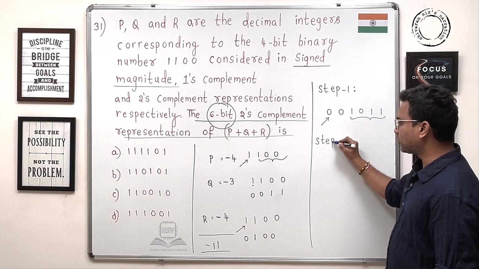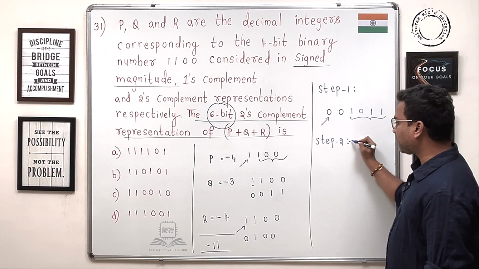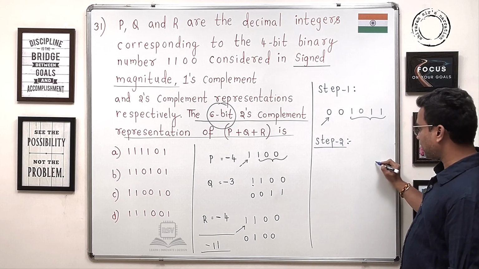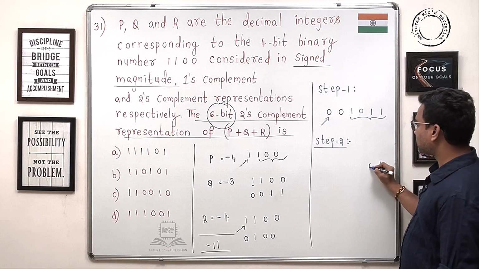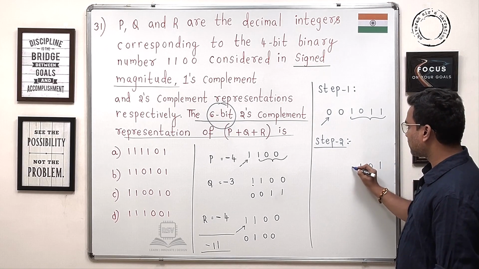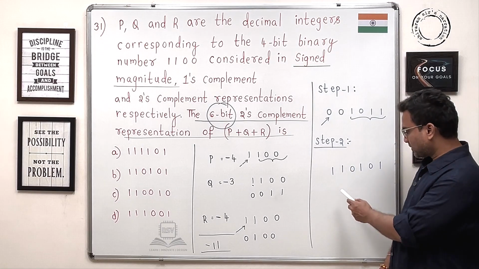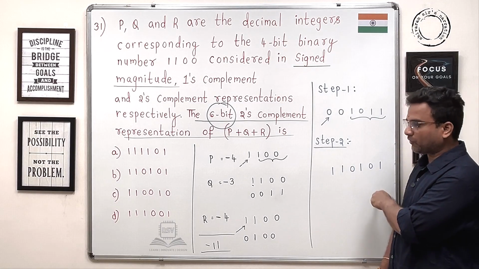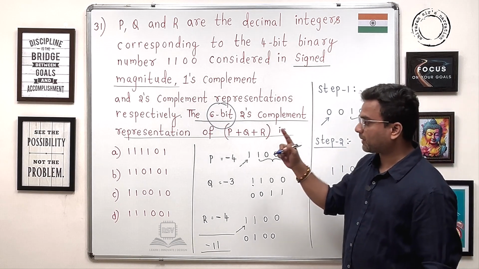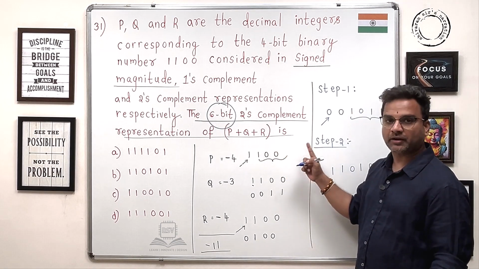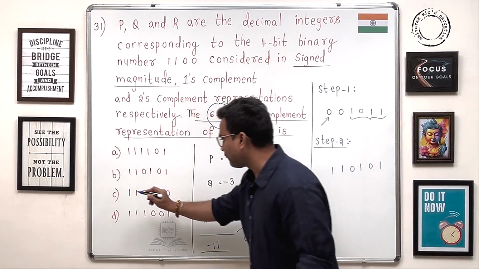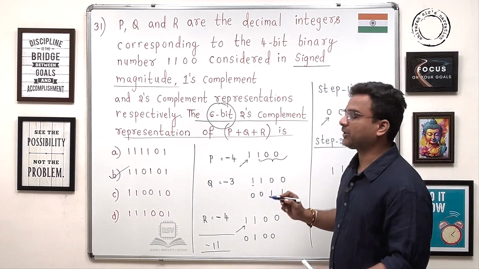Simply apply 2's complement. By applying 2's complement, here it is 1 0 1 0 1 1, so it is 1 1 0 1 0 1. The 6-bit 2's complement representation of P plus Q plus R is 1 1 0 1 0 1.